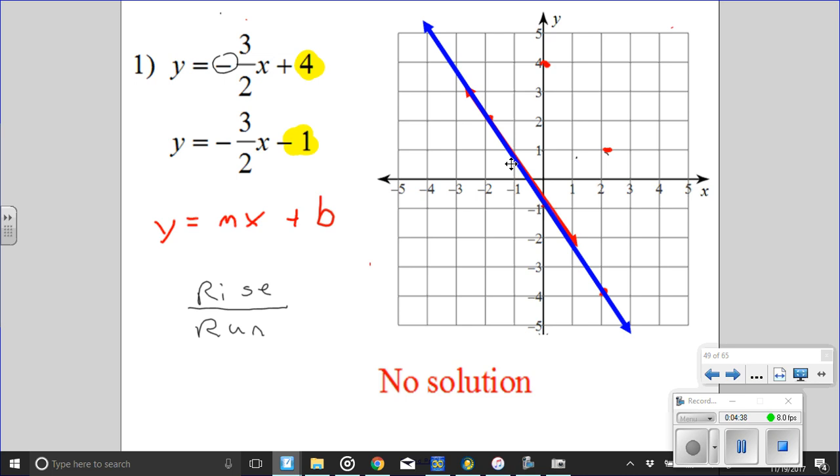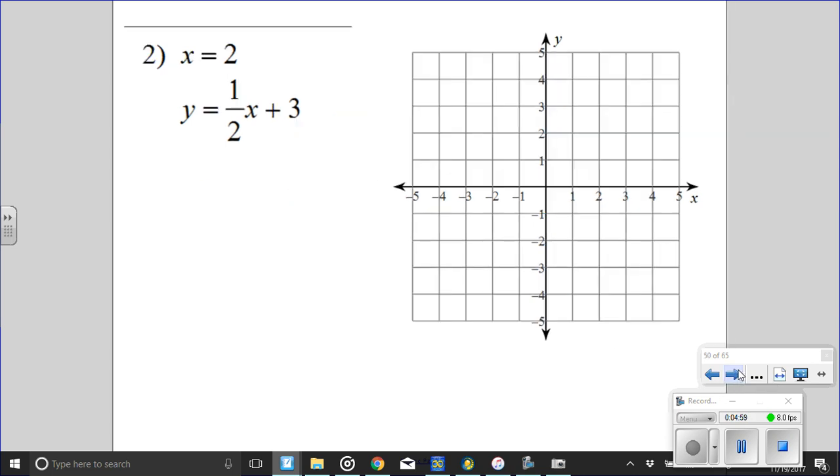There's an infinite amount of solutions because it's going to include every single number. If they're basically the same function, then you have an infinite amount of solutions. So those are the two special cases. But most of the time they're going to cross each other and you're going to have a solution. Let's take a look at number two where that happens.